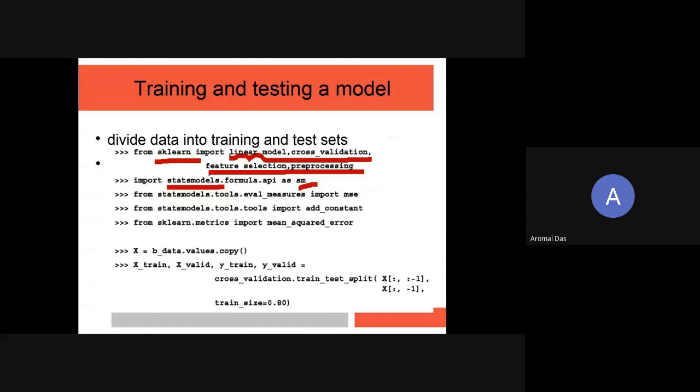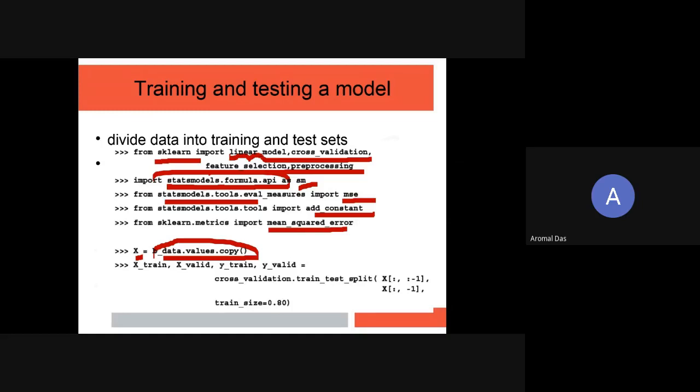We are importing this as SM. So from this one, we need MSE, add constant and mean squared error. So we are copying data values into X. So from the X, we have the data values as X.